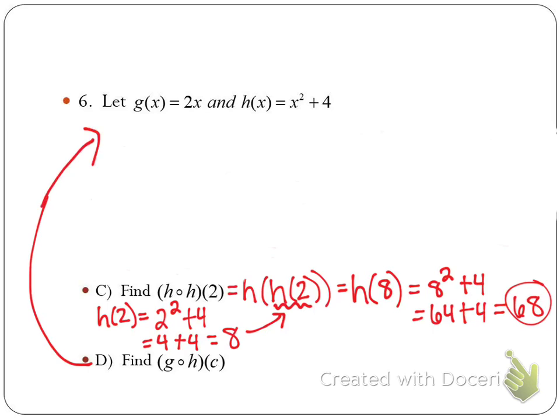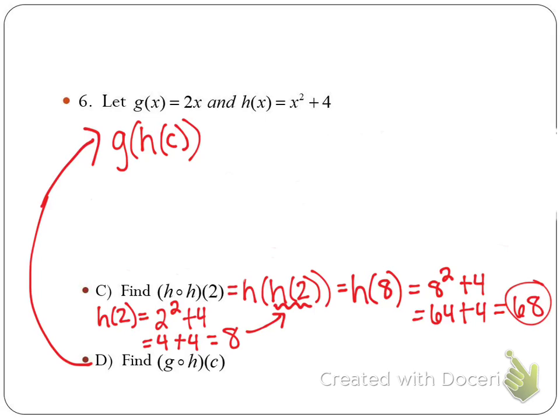All right, if I wanted to rewrite this, what's my outside function? G, and my inside function? H, and instead of an X, they're telling me to use C. Okay, it's a little different, but it's all right.